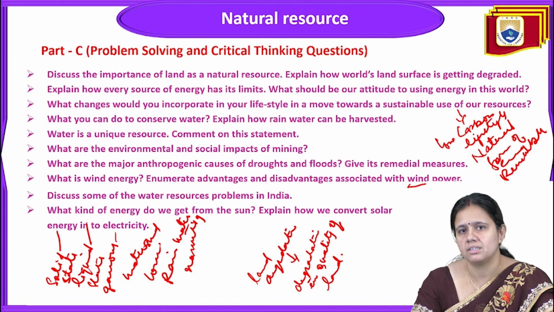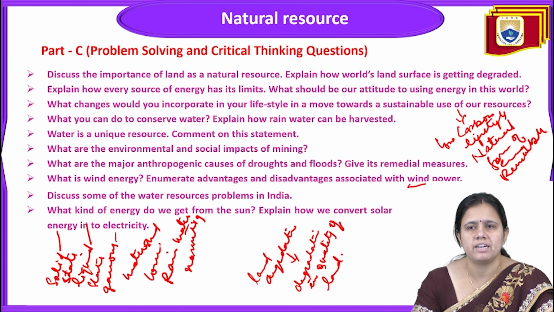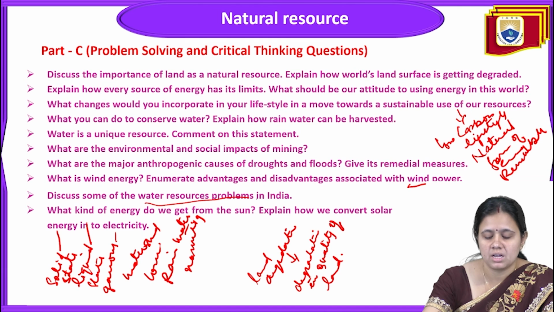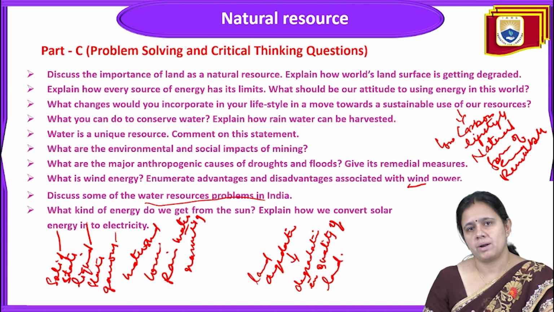The advantages are that it is eco-friendly, pollution-free, a renewable source of energy, and available in plenty. The disadvantage is that during bad weather you cannot get it; it depends on the weather condition. Discuss the water resource problems, meaning the scarcity of water and the droughts related to water. All you have to discuss.